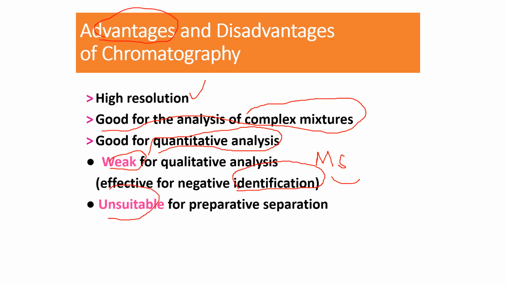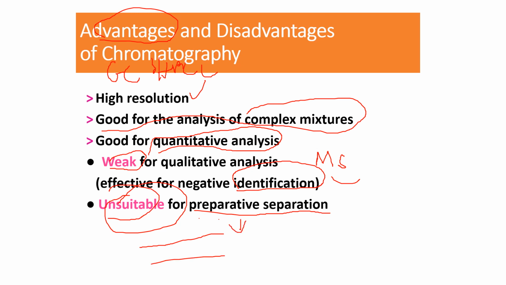It is unsuitable for preparative separation. This is related to GC and HPLC, because in preparative chromatography, you want to collect the final product. But if you are doing GC and HPLC, everything goes to the detector and then to the waste. So you cannot really collect them, as compared to column chromatography, just like in natural product chemistry.